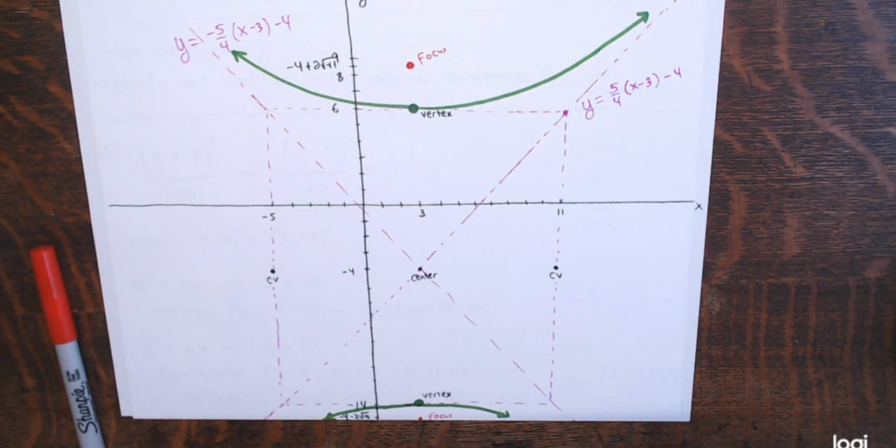Now, the whole reason that you have to find these foci is because of how a hyperbola is defined.